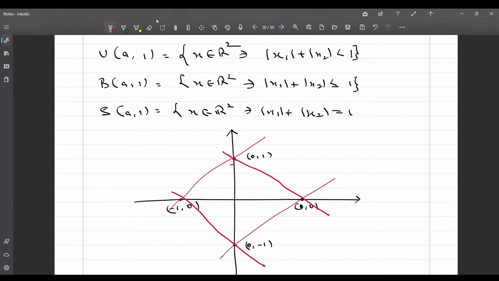Is it clear? This region inside is the open ball. Okay, this region along with its boundary is the closed ball, and this boundary itself is the sphere, right? Clear?